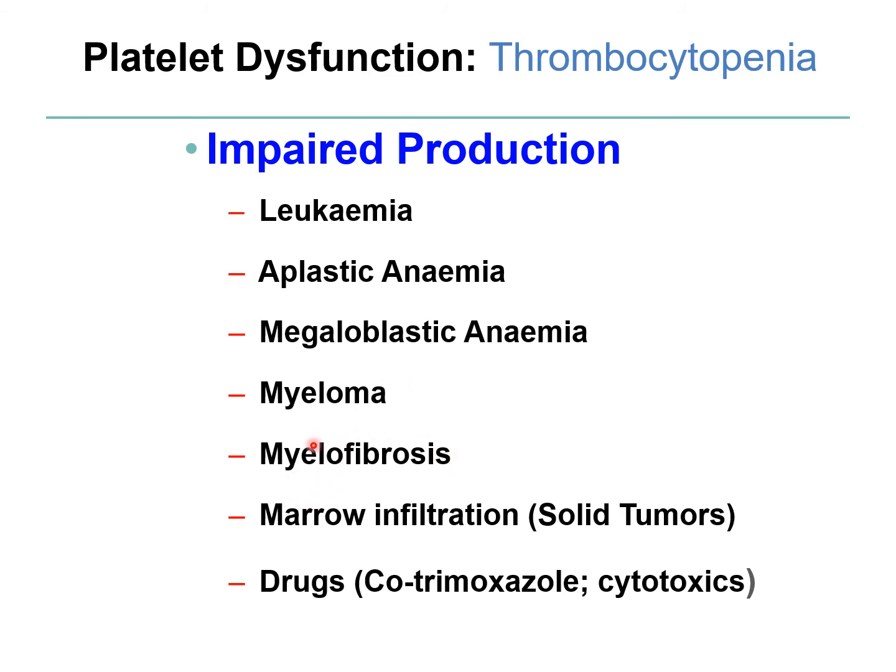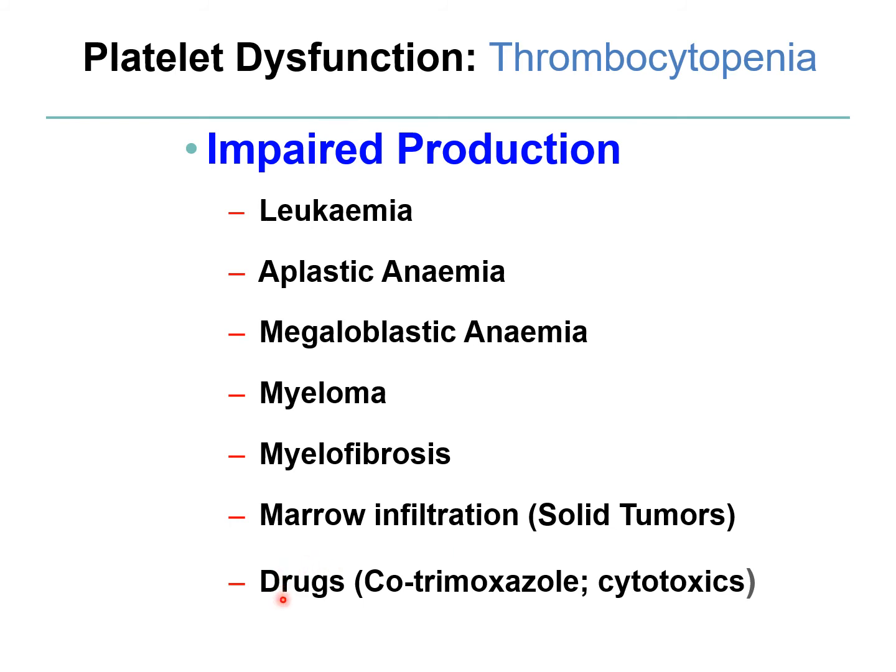Myelofibrosis is a form of malignant change in the bone marrow, which can lead to impaired production of all blood cell types. Marrow infiltration from adjacent tumors, because remember that bone marrow is the main site of hematopoiesis in adult life, and infiltration of bone marrow by solid tumors can lead to impaired production of blood cell types, including platelets.